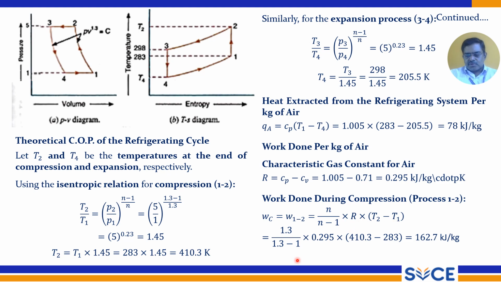That is 1.3 divided by 1.3 minus 1 into 0.0295 into 410.3 minus 283, which is equal to 162.7 kilojoules per kg.